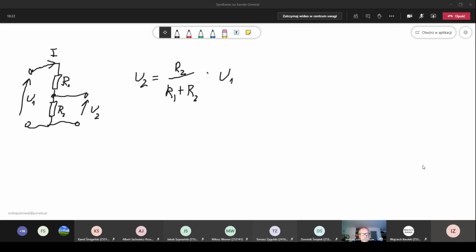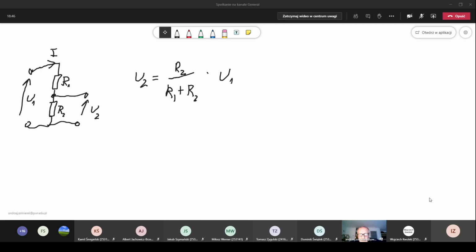In this case, of course, this relation, this equation is true, because this current is flowing through this resistor, so it is obvious, so it is true. And we can put just exact, that is equal.